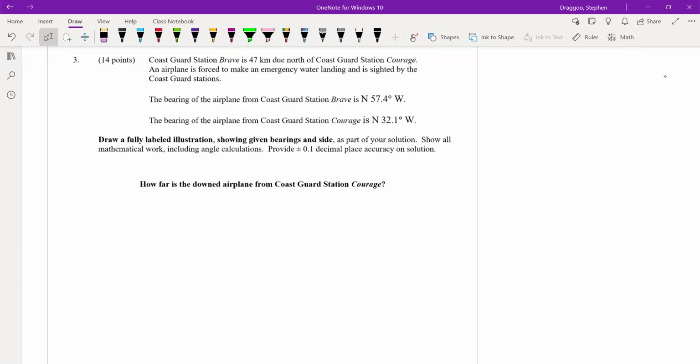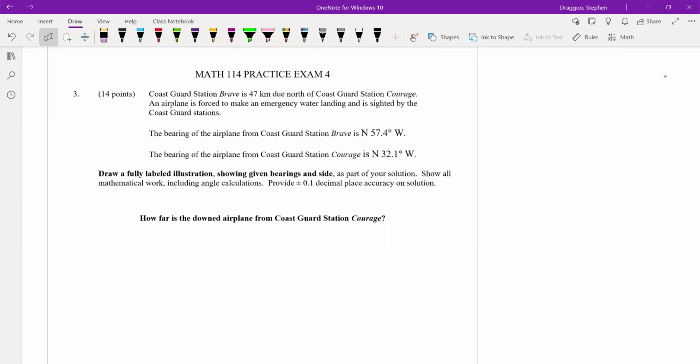So let's take a look at a word problem. I think this word problem uses the law of sines. We've got a couple of Coast Guard stations that are going to attempt to locate an aircraft that's been forced to make an emergency water landing, sighted by the two Coast Guard stations. Conveniently, they're named Brave and Courage, which gives them a B and C label.